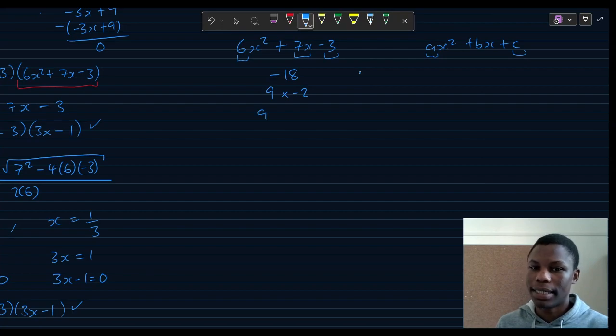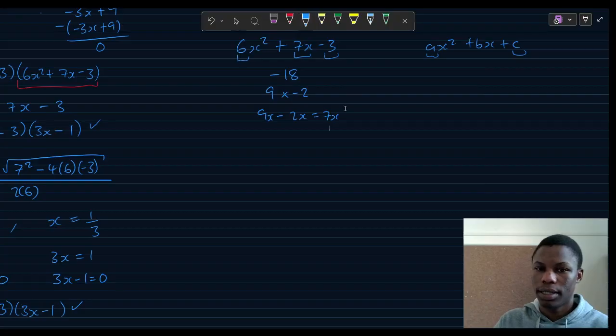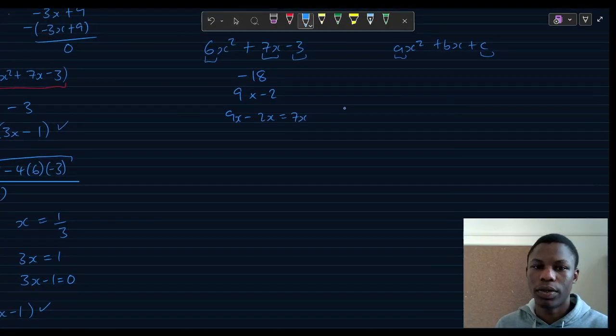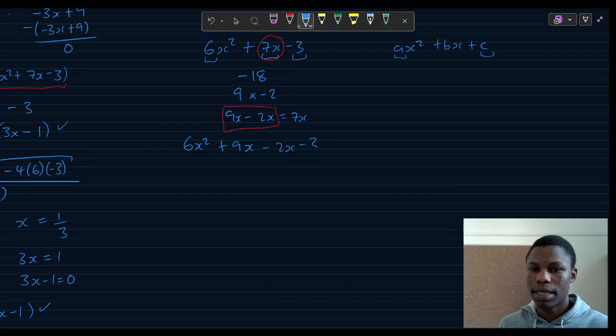But if I take it as 9 minus 2, that is 7. So I know that I can write 7x as 9x minus 2x, right? So we just go back to our quadratic and we've got 6x squared plus, replace the 7x with this new expression here. So that becomes 9x minus 2x minus 3.